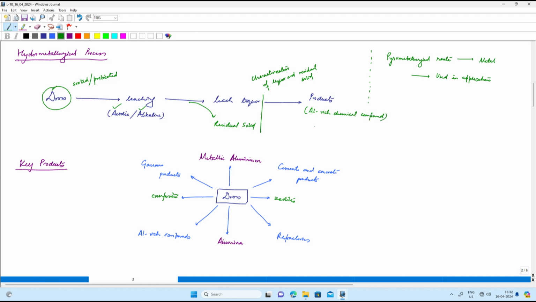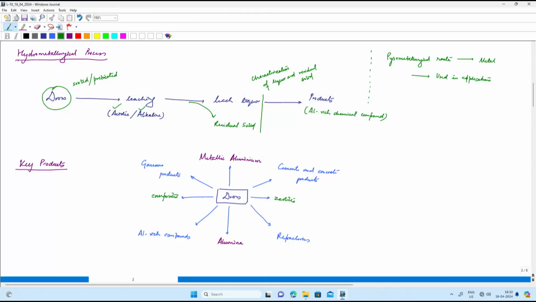And from the residual solid we can think of developing composites, if the chemical composition of the residual solid is in alignment with the composition that is required in the composite making process. What are the key products that can be made using aluminium dross?